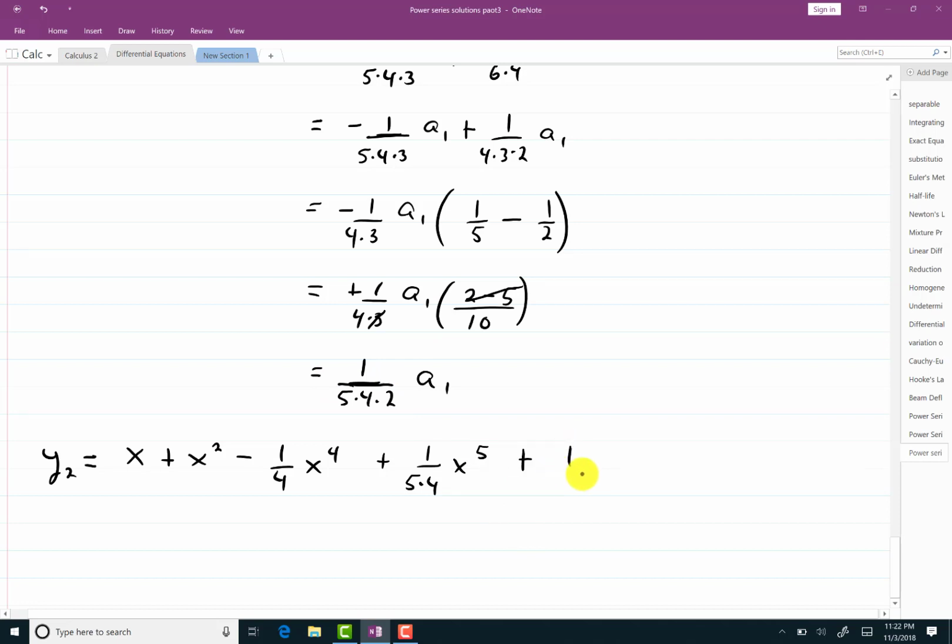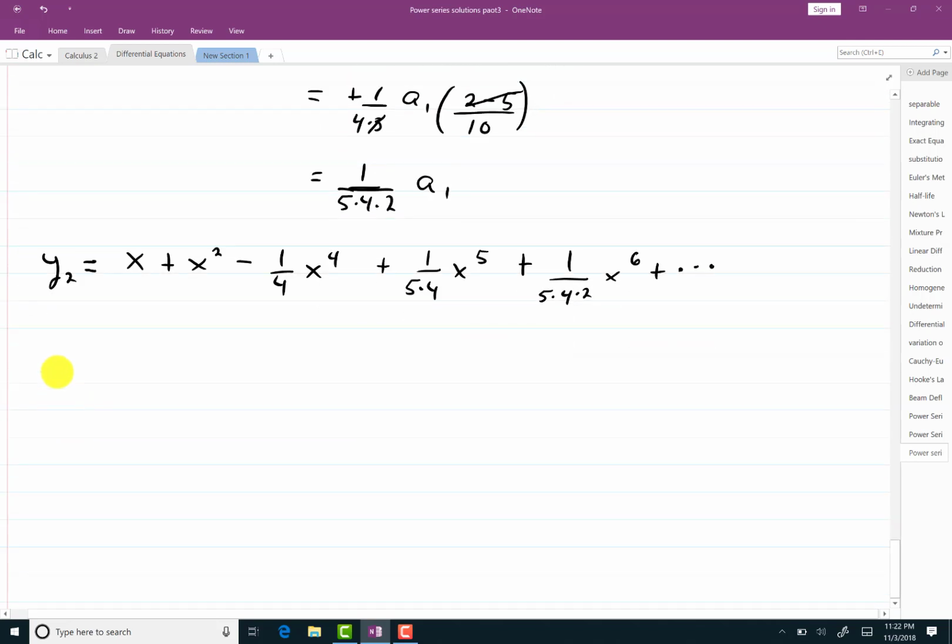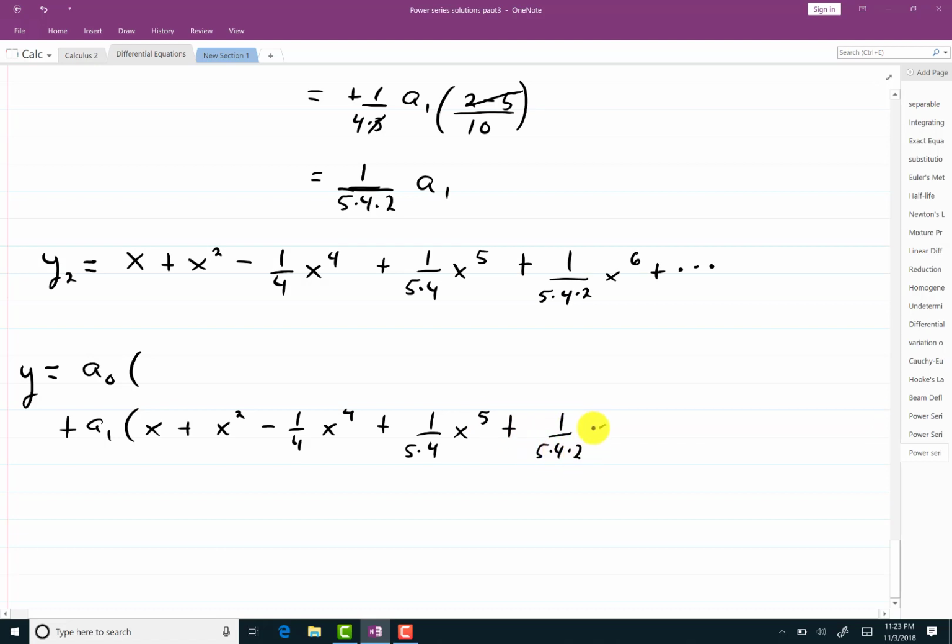And then I have the x to the 6th term. It looks like it has a similar format to the previous series, so the next thing will probably be a minus, but I don't know. So here's my answer. Y will equal a sub 0 times its series plus a sub 1 times its series.